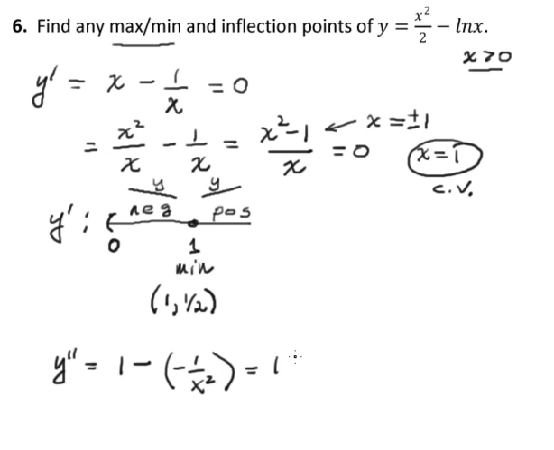So that's 1 plus 1 over x squared, which is always greater than 0. We have this quantity squared plus 1. It's always greater than 0. So we have no inflection points. Okay, the second derivative is never 0, so we have no inflection points.